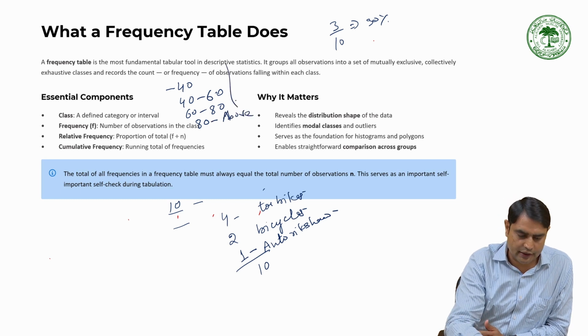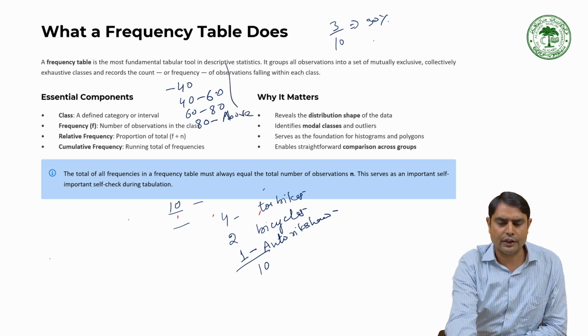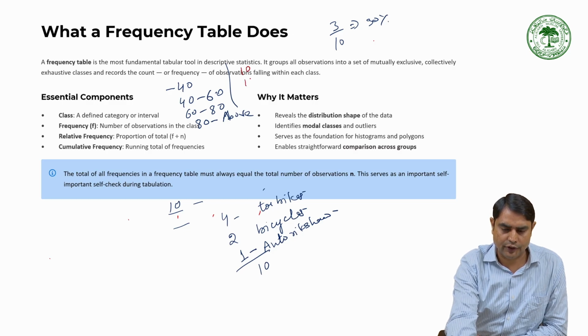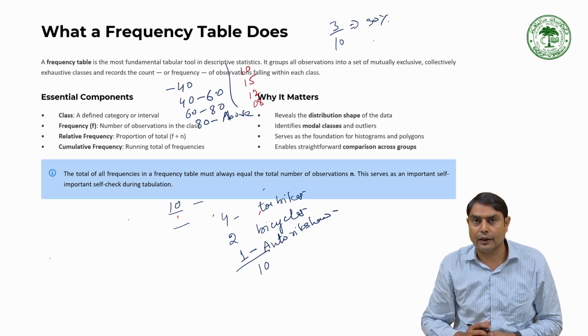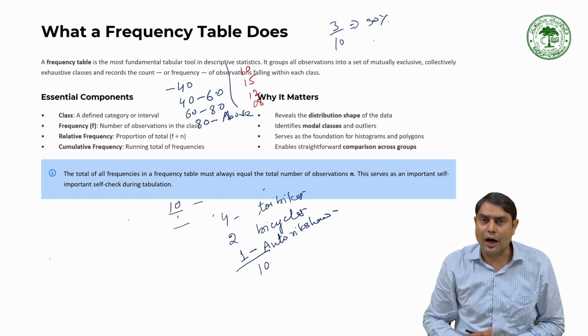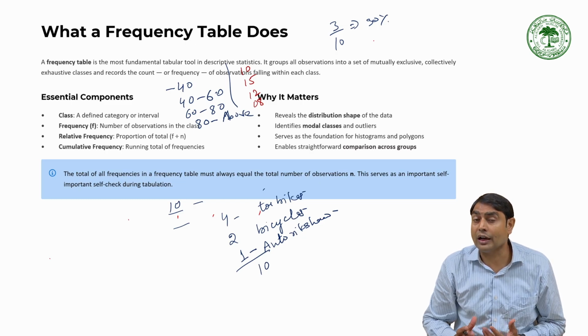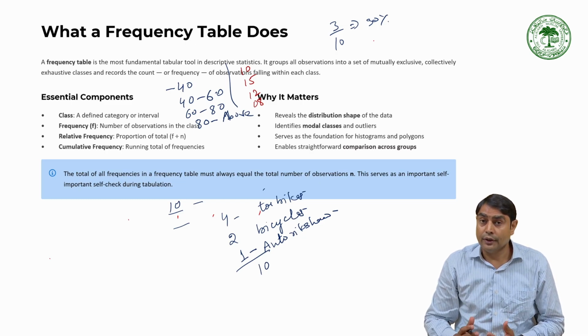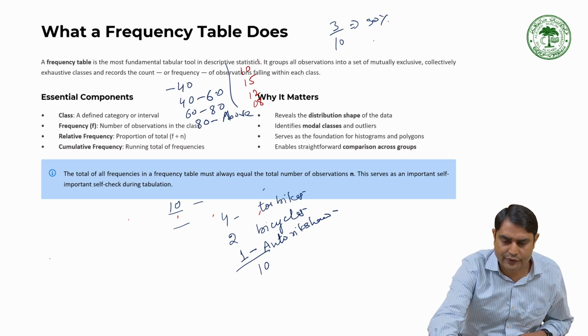And the frequency of less than 40 is say 10 students, 40 to 60 say 15 students, 60 to 80 say 12 students, 80 and above 8 students. So if I ask you how many students scored less than 60, who are unable to score first division, what you can do is just add these frequencies.